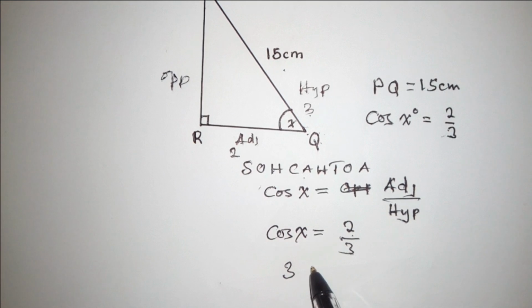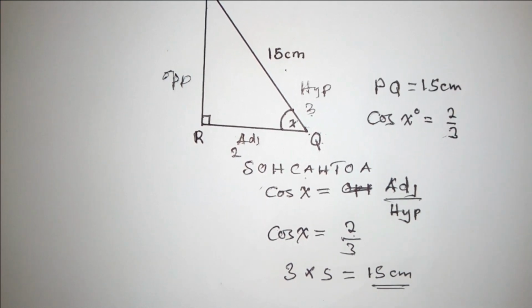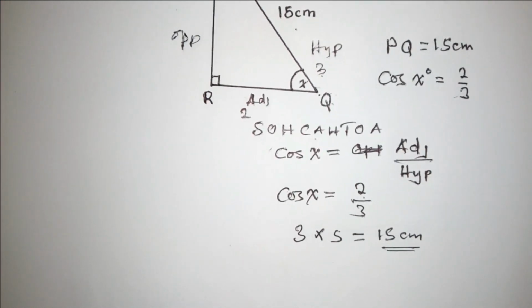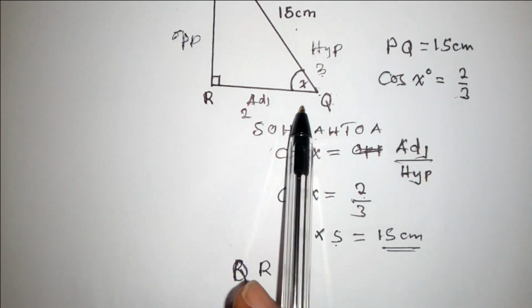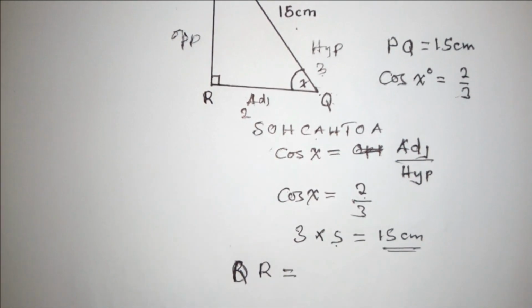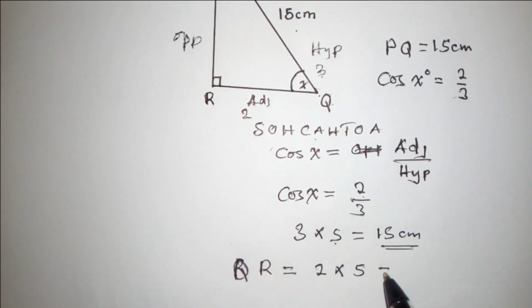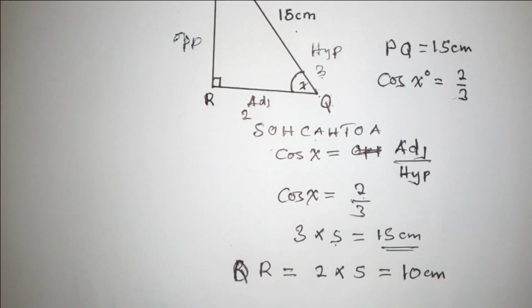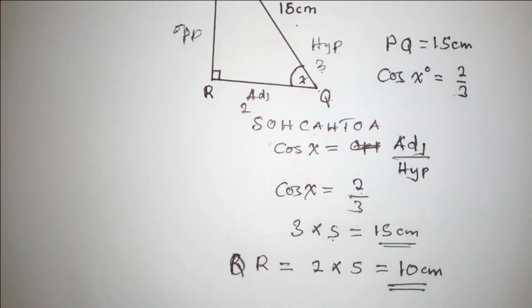So say 3 multiplied by 5, it will be equal to 15 centimeters. We are done with this one. So now how are we going to find QR, the length? The same thing, this same number, we multiply it by this 2. So we say 5 by 2, so 2 times 5. The answer will be equal to 10 centimeters. So the length QR is 10 centimeters. We go to the next question.